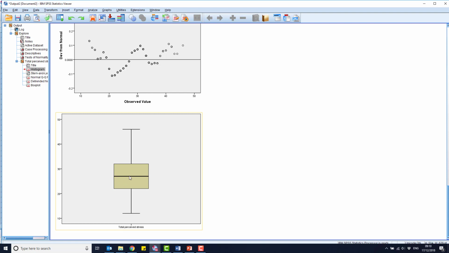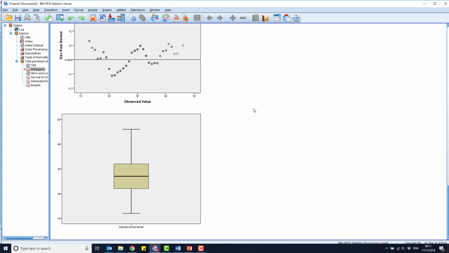Our median value is here. 50% of the cases are contained within the actual box, and that's roughly equally distributed, and our tails are roughly equally distributed as well. So there are no clear outliers, and I think that looks roughly normal. So I would say that that's a tick in the box for running a multiple linear regression.